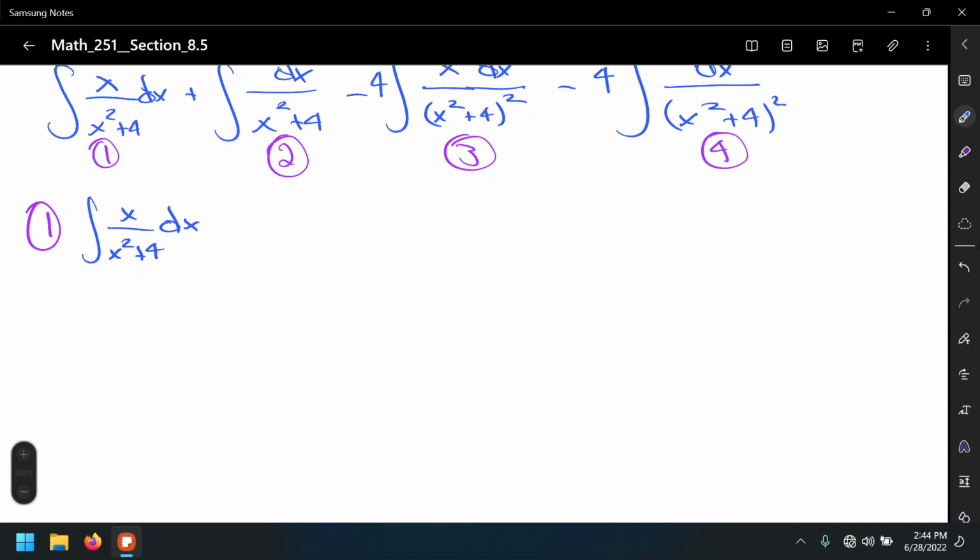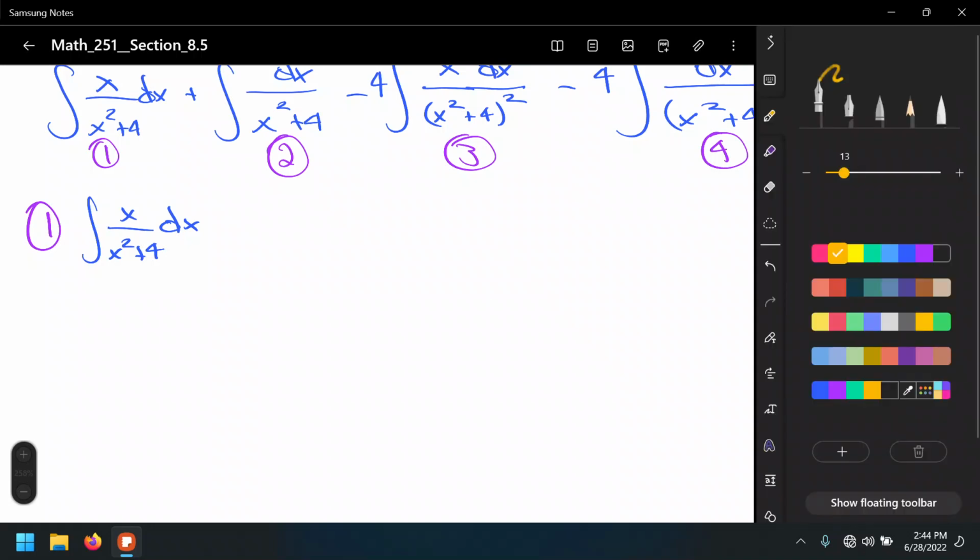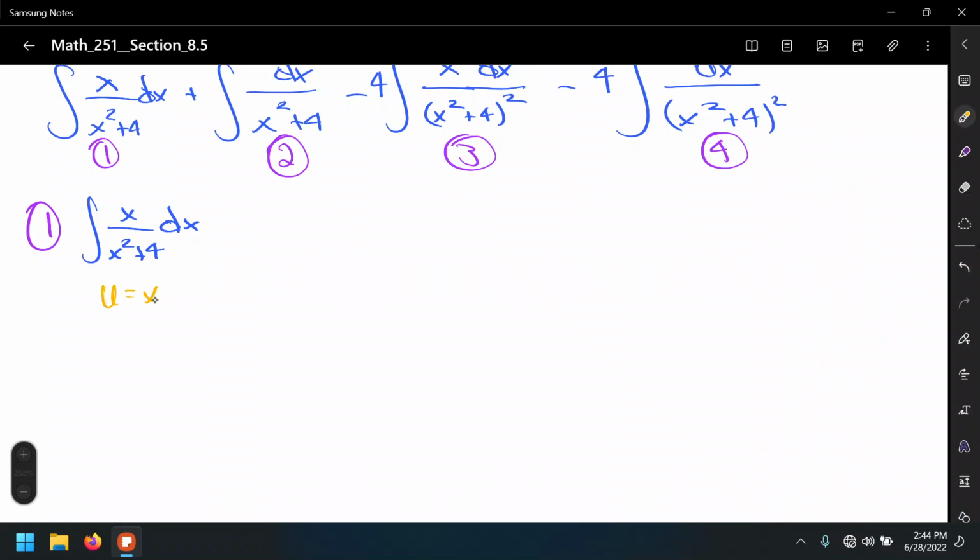U substitution, because the derivative of x squared plus 4, which is 2x, we have that power of x multiplying the dx, which is great. Let's go ahead and do that. So u equals x squared plus 4, du equals 2x dx, and x dx equals 1/2 du.